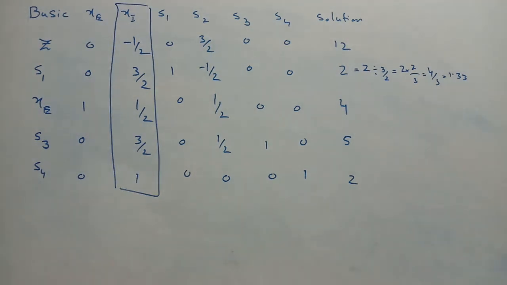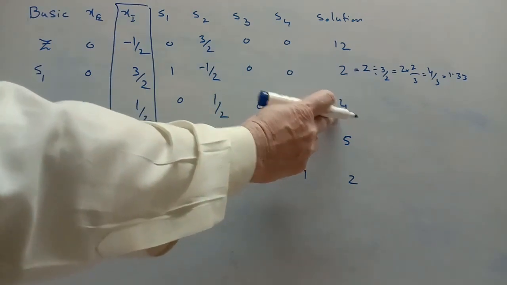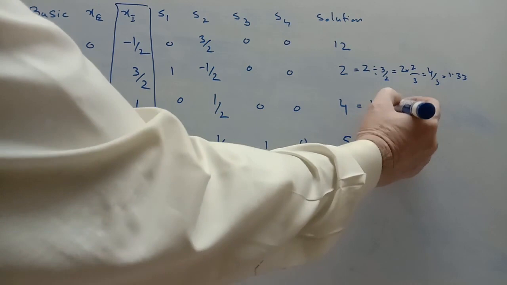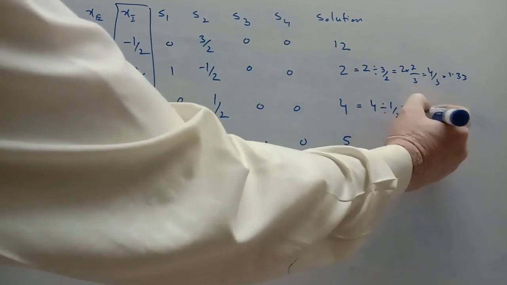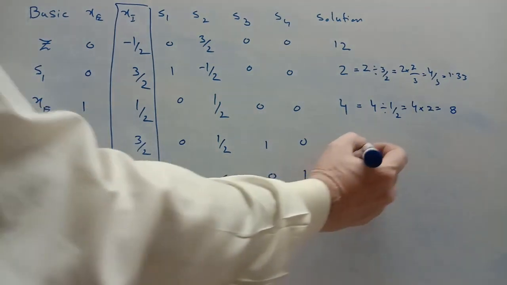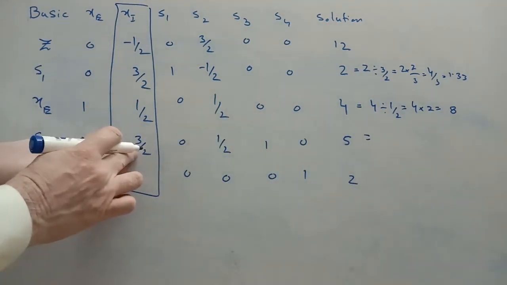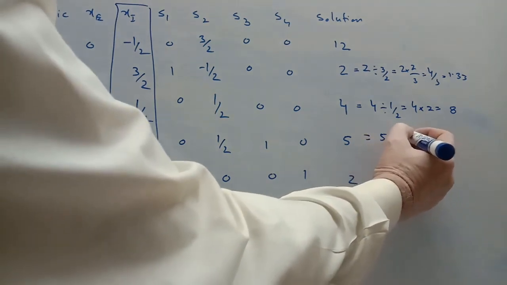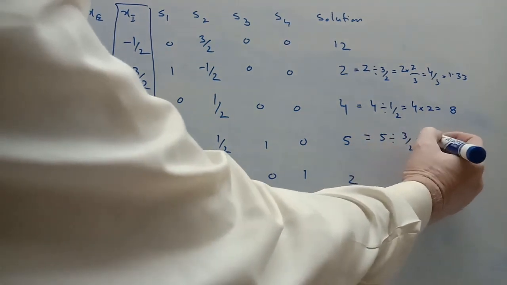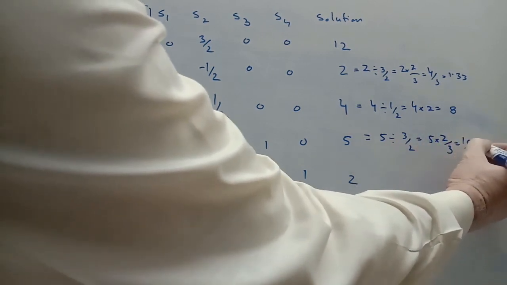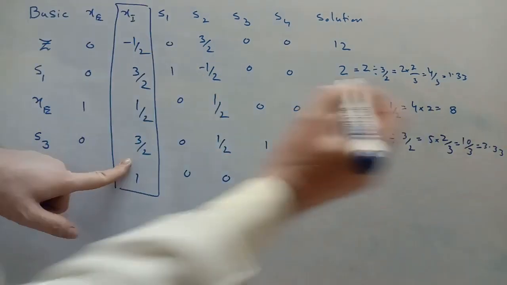Similarly, 4 divided by 1 over 2 is 4 into 2, equal to 8. Then 5 divided by 3 over 2 is 5 into 2 over 3, 10 over 3 or 3.33.